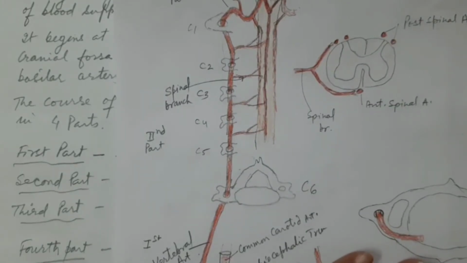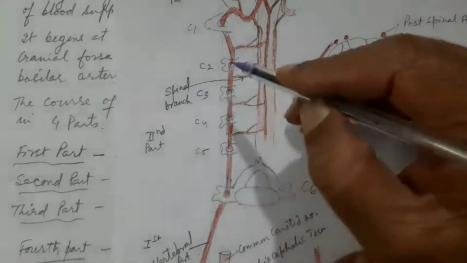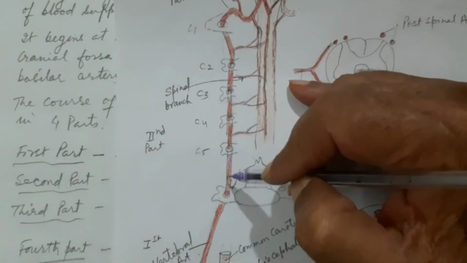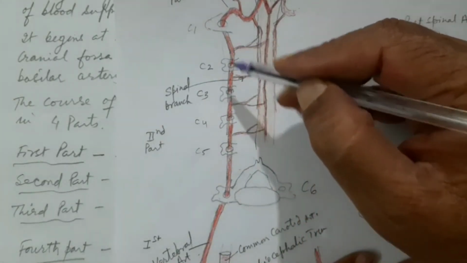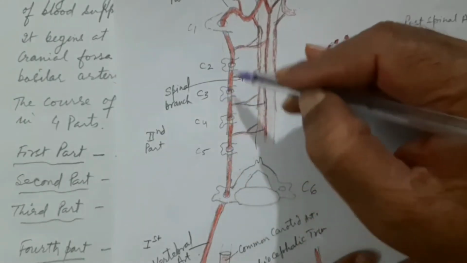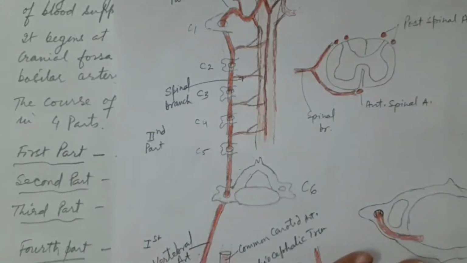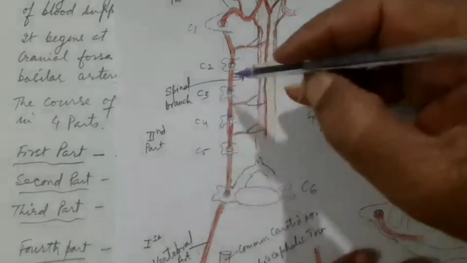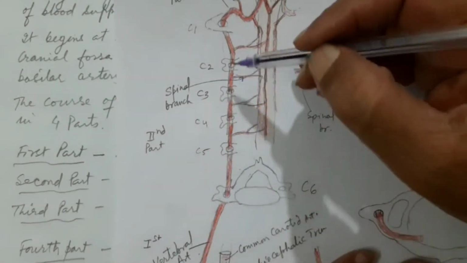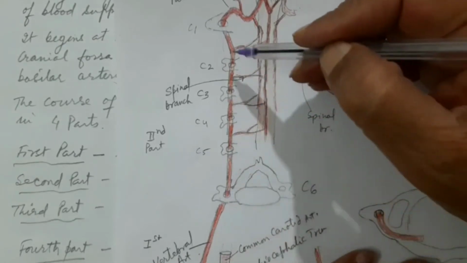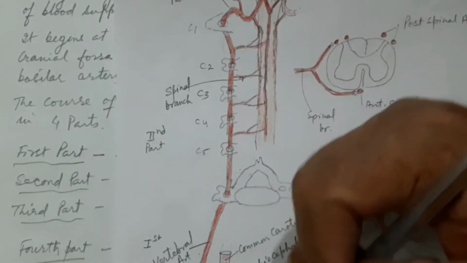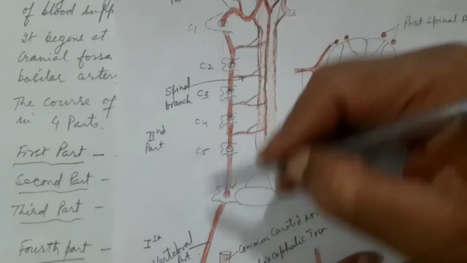The second part of the vertebral artery is surrounded by the sympathetic plexus, which is a very fine plexus surrounding the surface of this second part of the vertebral artery. Okay, now this is also surrounded by a plexus of veins, which later on will form the vertebral vein, which will go down.